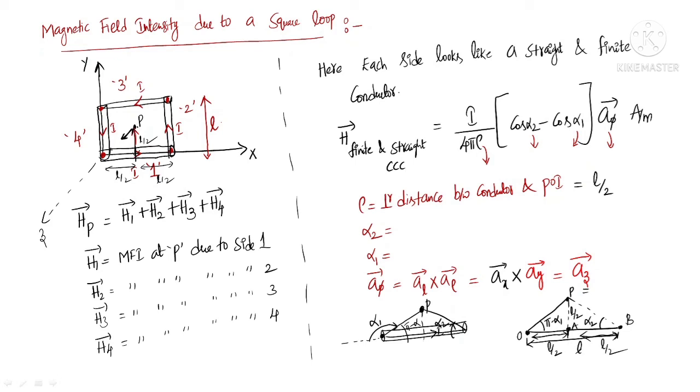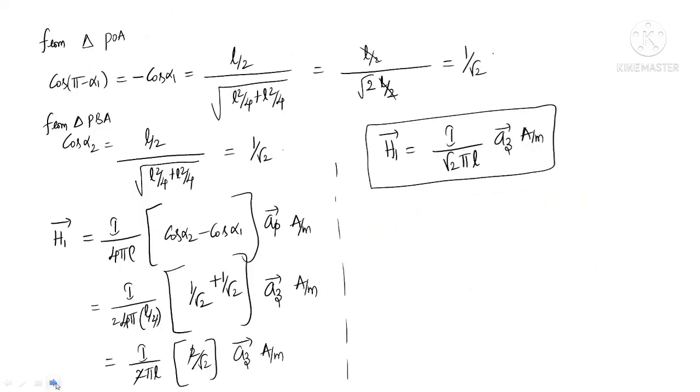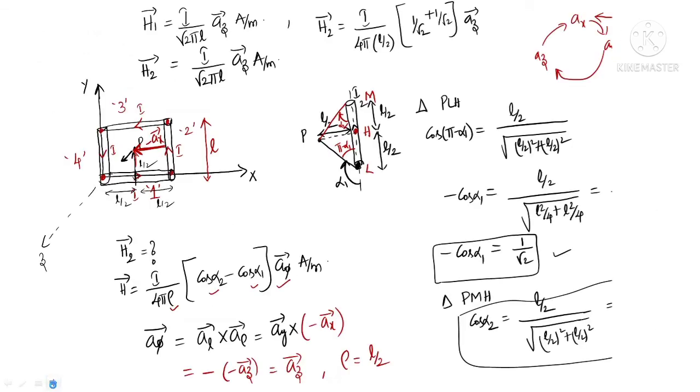Now finally, the field at the center of this square current carrying loop, P, is the summation of all four fields, which is due to the first, due to the second, as well as due to the third. Now we know that H1 bar is equal to H2 bar is equal to H3 bar is equal to H4 bar.